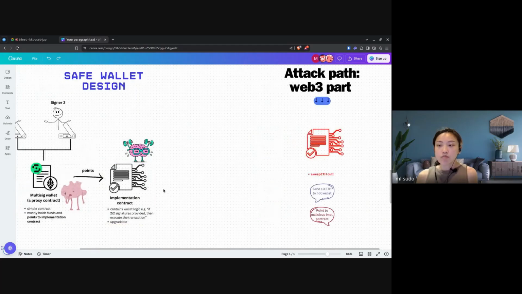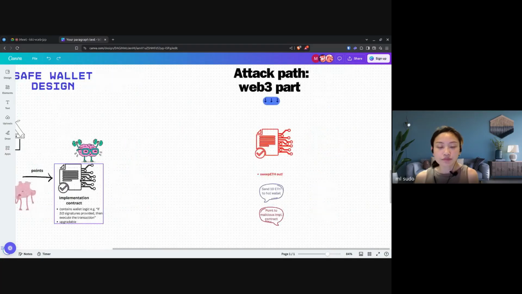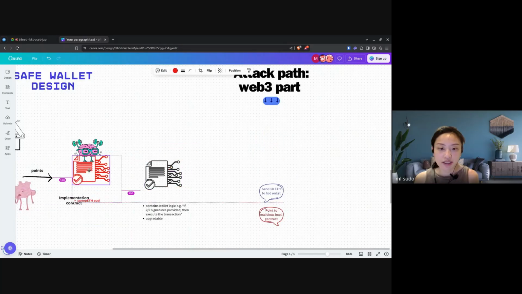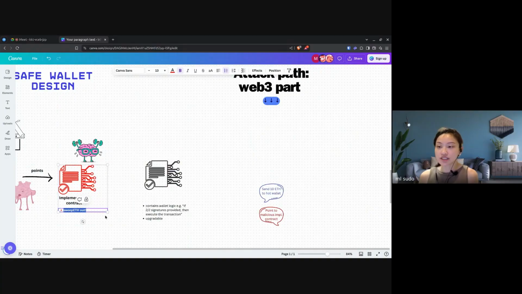So moving on to what went wrong, the attacker basically managed to swap out the good contract, the one that did what you expected it to do, with a malicious contract. And in the malicious contract, in one of its instructions, it says, sweep all the ETH out of this wallet.